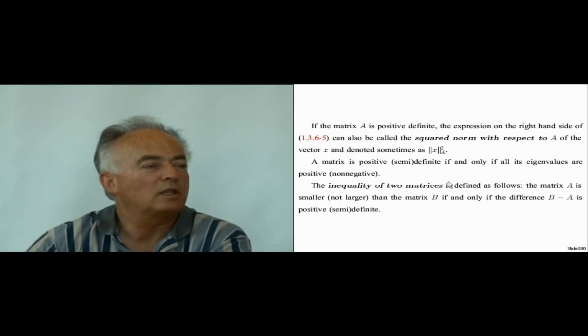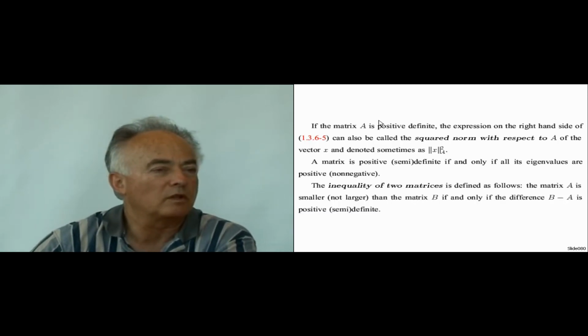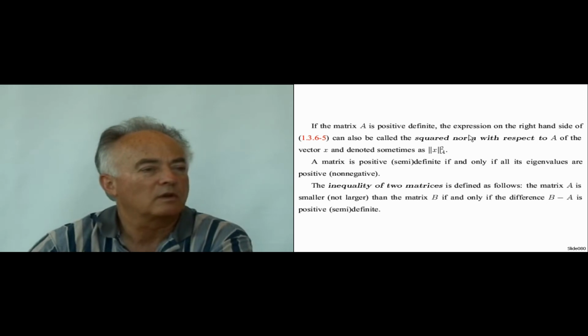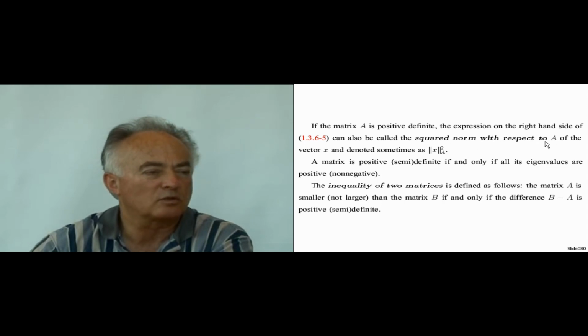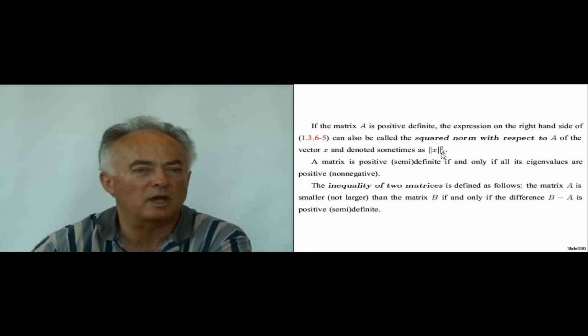Now, if the matrix A is positive definite, what we have, the x prime Ax in the previous equation, is the squared norm with respect to the matrix A of the vector x. And this is one of the notations. Actually, this notation was used in the original Kalman filter paper by Kalman: x norm squared with respect to A. So this is the x prime Ax.